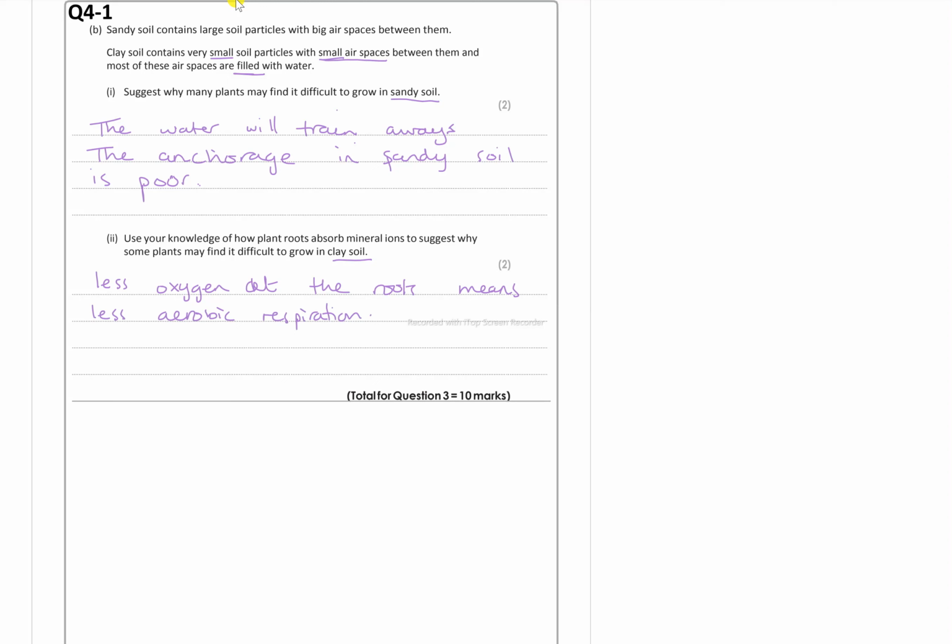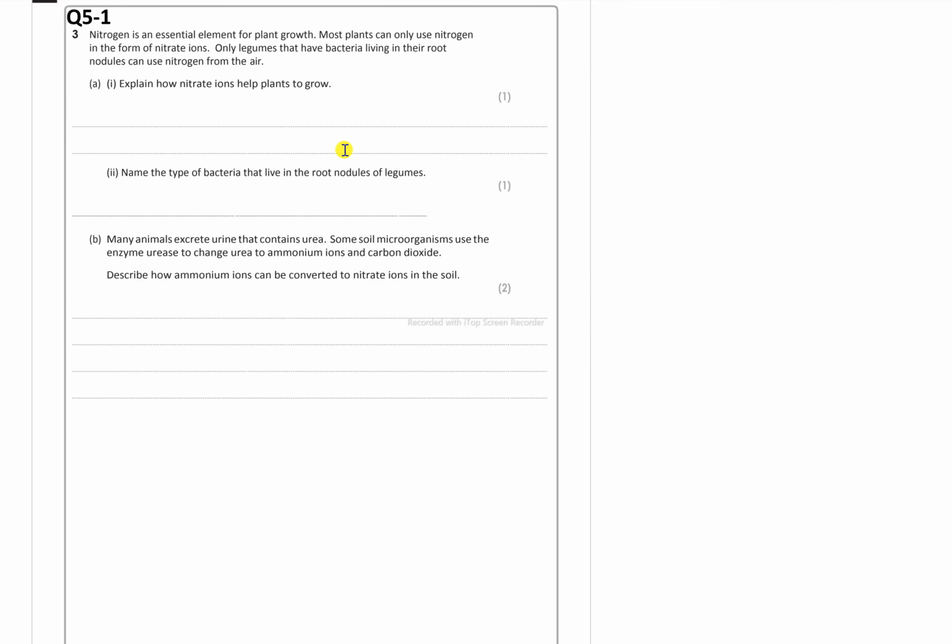Right, so if there's less aerobic respiration, and remember, plants absorb minerals using active transport, this means less energy available for active transport. Right, let's keep going.